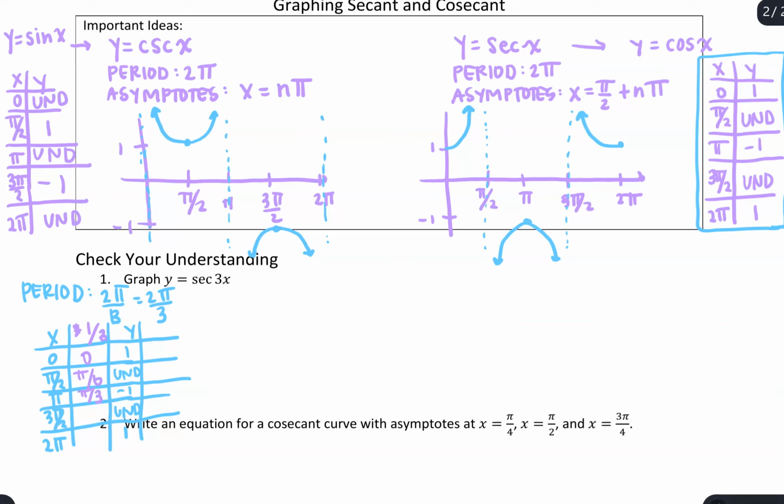Pi over 3. 3 pi over 2, I will be at what? Pi over 2. And then at 2 pi, I will technically be at 2 pi over 3. And what does that number tell me right there? That is my full what? Period, right? Because my period is 2 pi over 3. Does that make sense? Make sense?